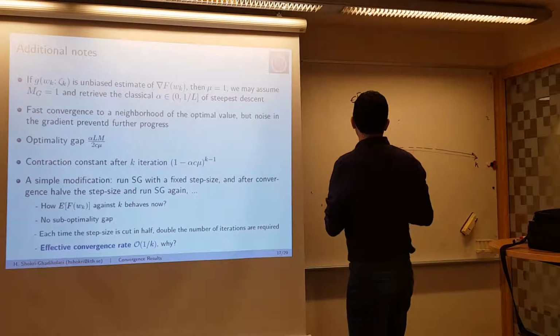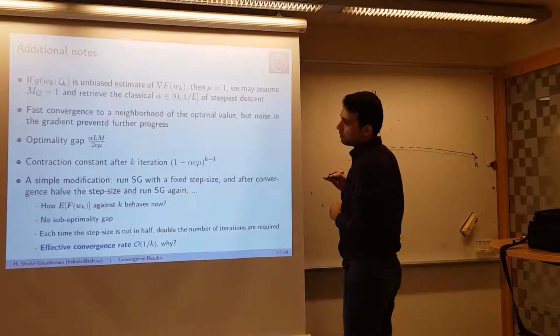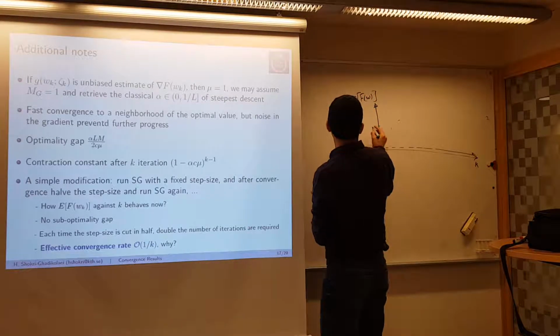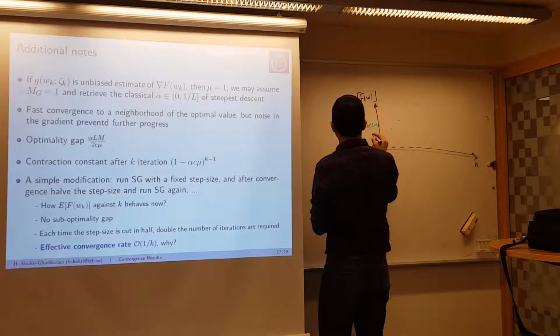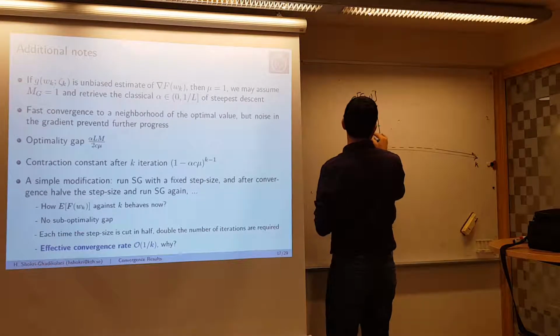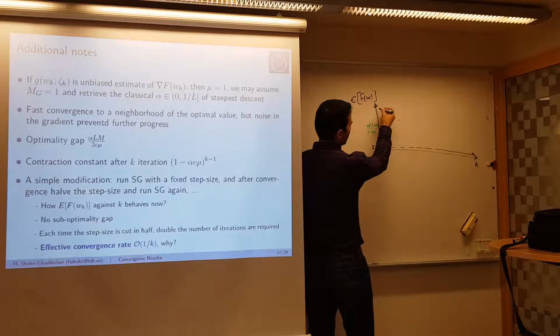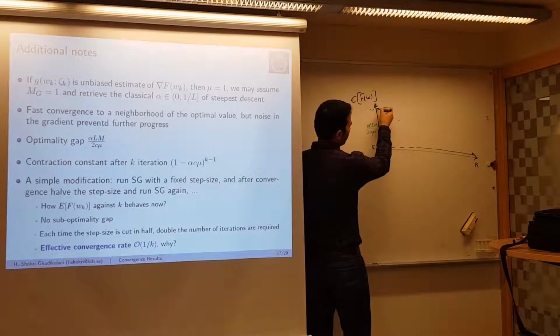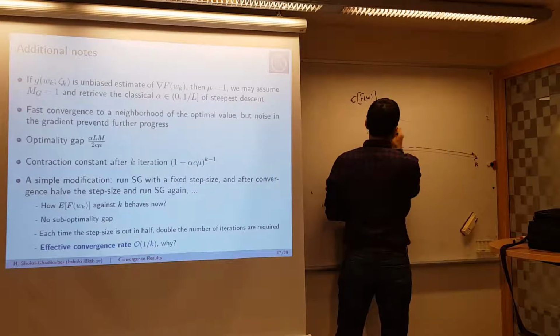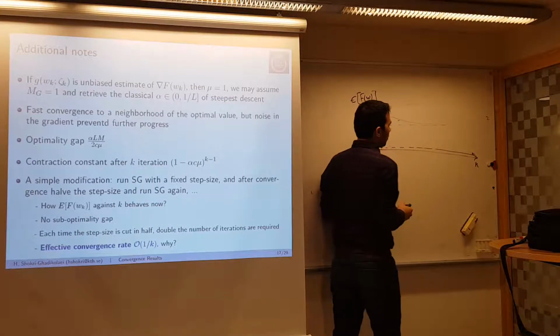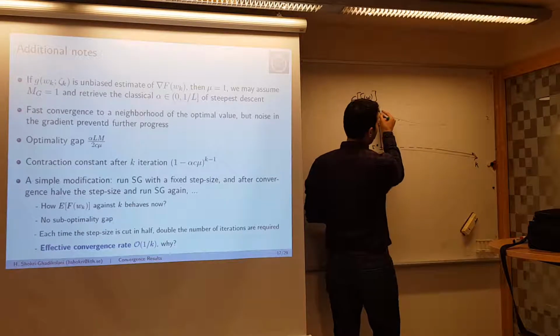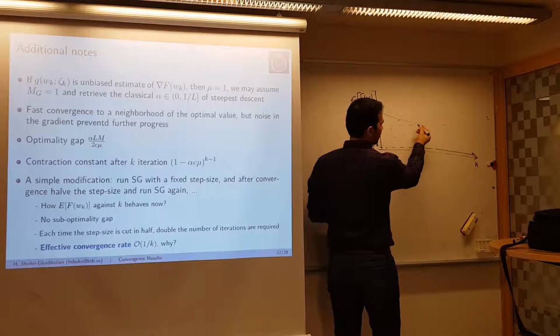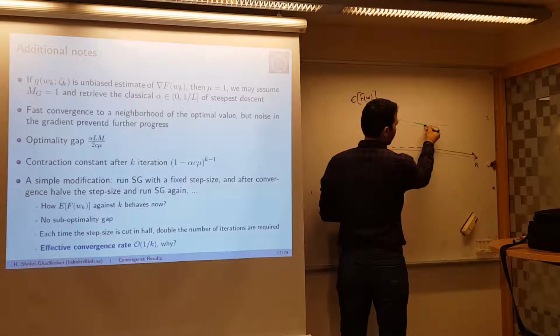This says that we will converge to some value here, which is alpha L m divided by 2 c mu. So if you start from w1 from here, then you will converge at some rate to this. What you can do is, after some point you see that you are converging, so let's say at this point you are converging.